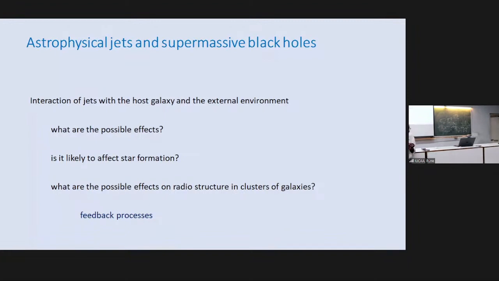Now, once you generate this jet, then as it traverses outwards, it's going to affect all the material around it.